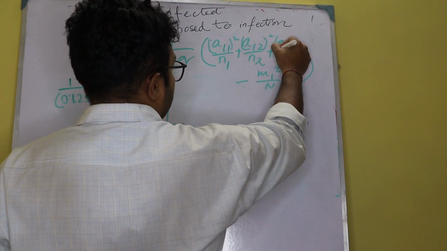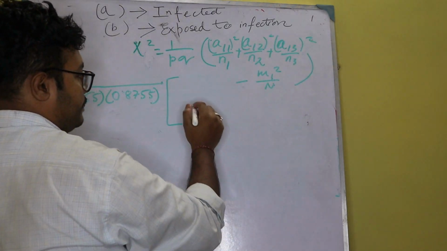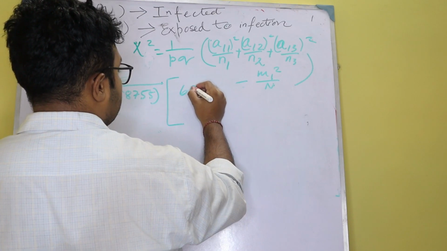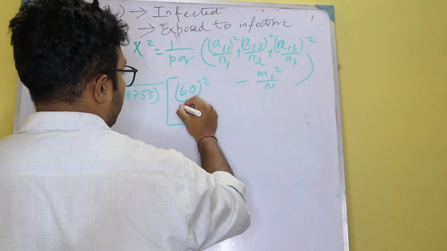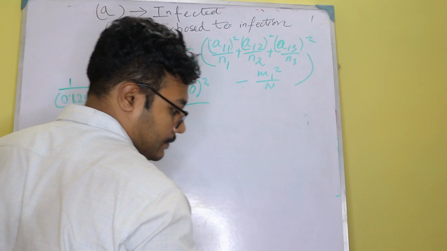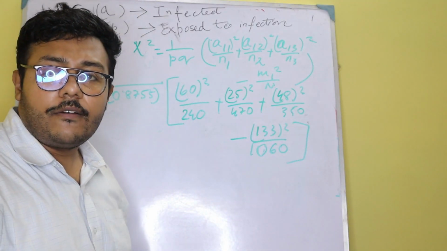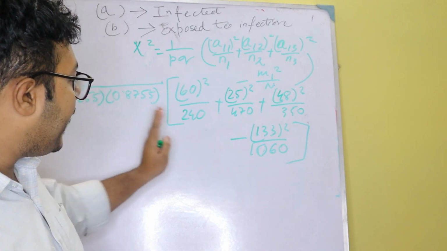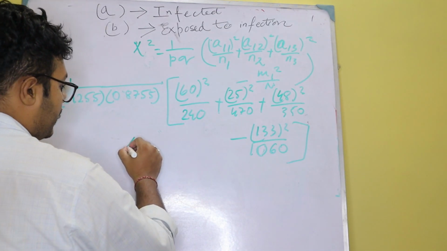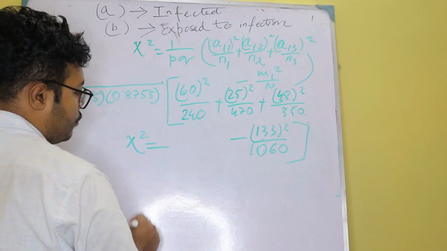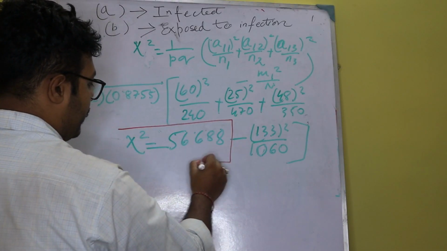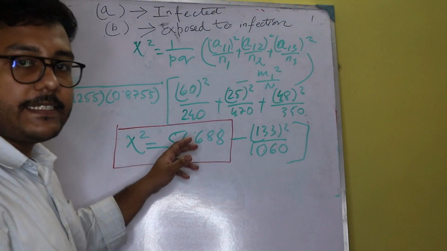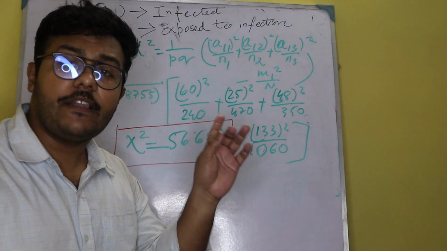Actually I have made a mistake. This will be whole square. So A11, what is A11? It was 60 whole square by N1. So now after putting the values here, we get this expression, and if we calculate this, chi-square is finally equal to 56.688. This is the calculated value of the chi-square.